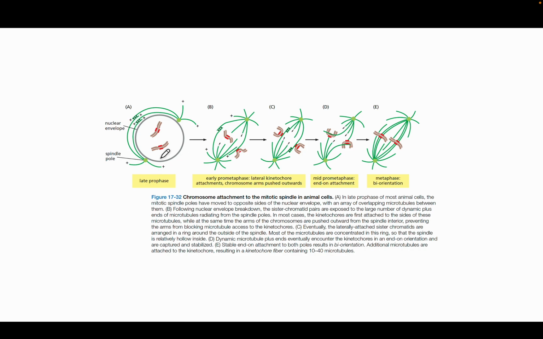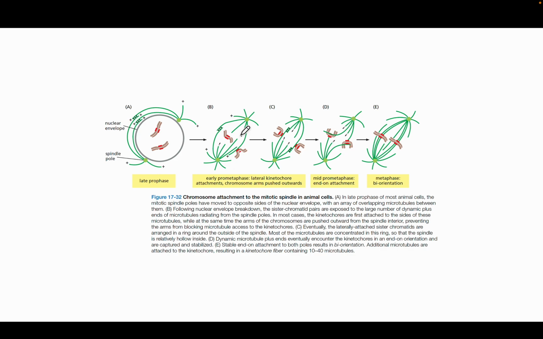In late prophase, the mitotic spindle poles have moved to opposite ends of the nuclear envelope with an array of overlapping microtubules between them. Following nuclear envelope breakdown, the sister chromatid pairs are exposed to a large number of dynamic plus ends of microtubules radiating from the spindle poles.